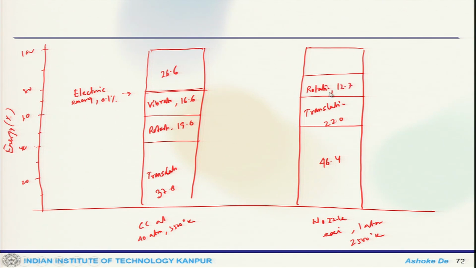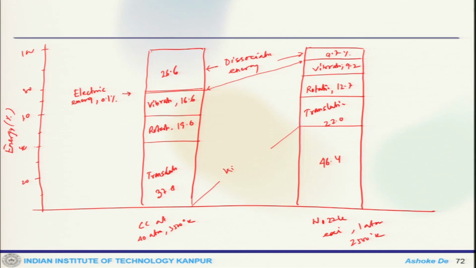Rotation 12.7. Vibration 9.2, and this is 9.7%. This part here is the dissociation energy, and this electronic energy would be here for a small percentage, and this is the kinetic energy. So you can see the differences here.